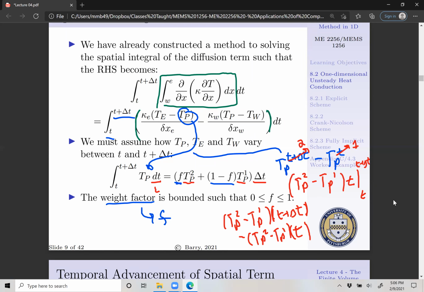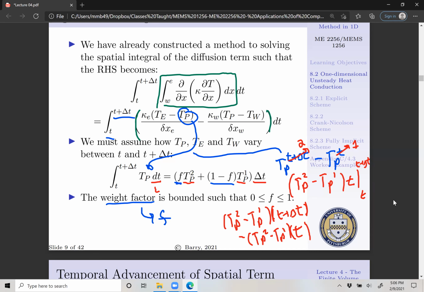So if our weighting factor is unity, we're taking the solution completely from our current time step. There is nothing from our previous time step. If our weighting factor is 0, we are using nothing about our current time step in the calculation of our solution, and we're pulling all the values from our previous time step.